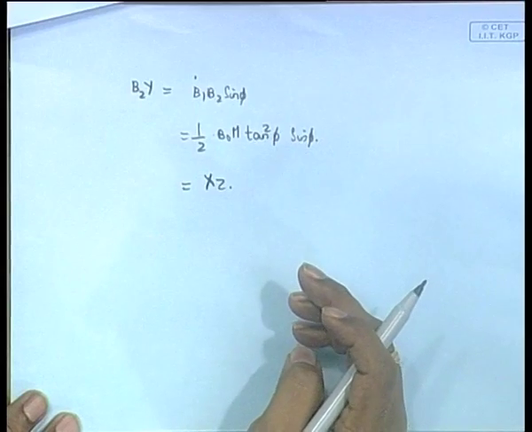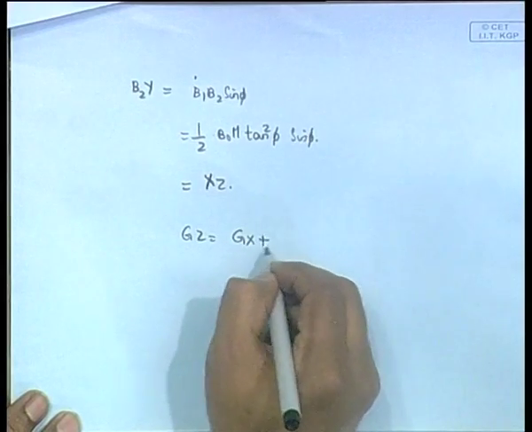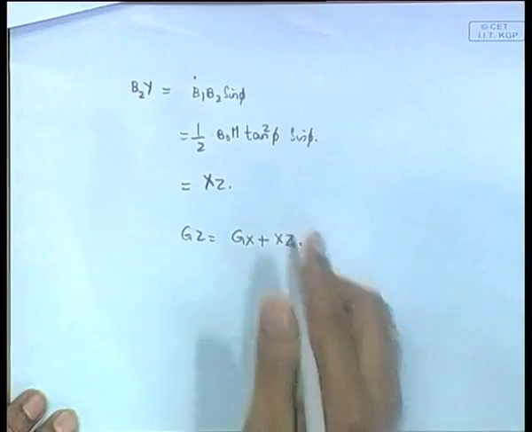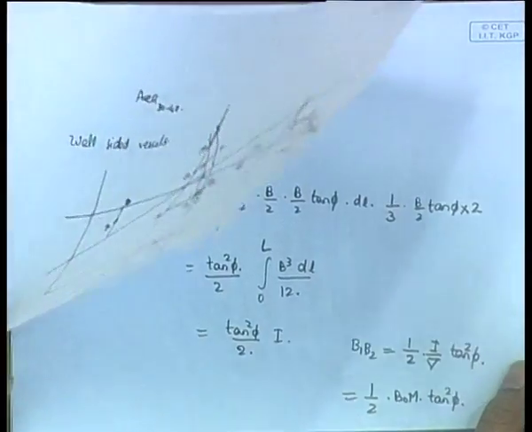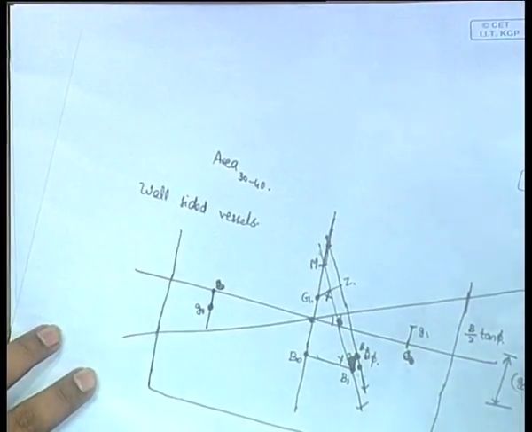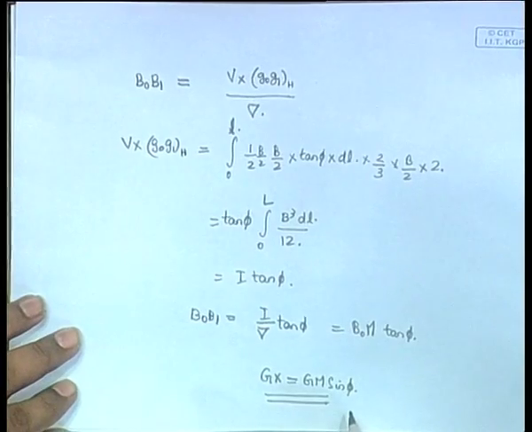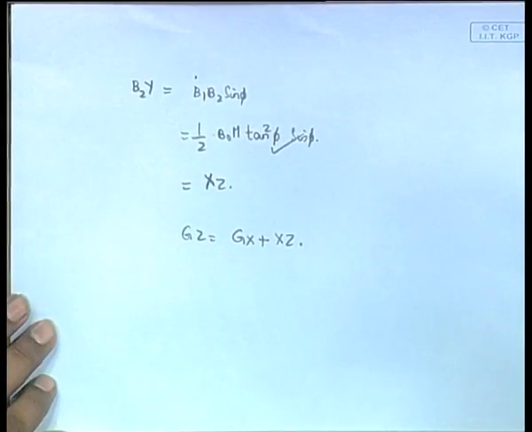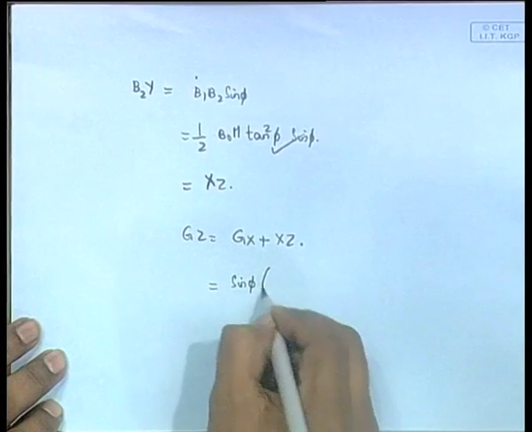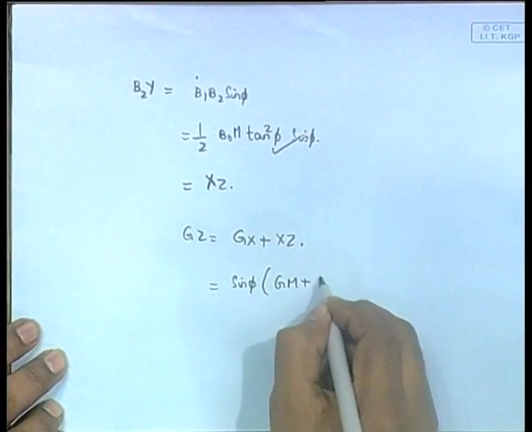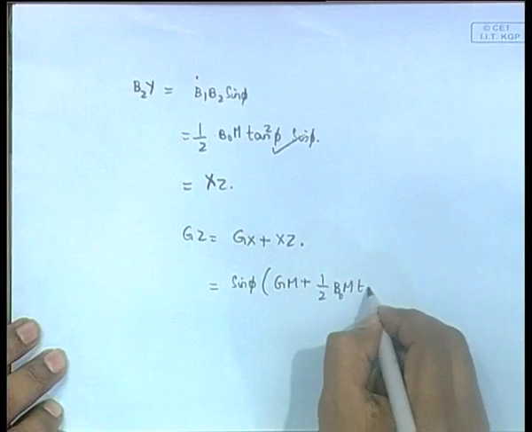Now, we have split gz into gx plus xz. xz is given here, and gx we derived from our horizontal movement: Gx is equal to Gm sin phi. So, with these two expressions, Gz becomes sin phi into Gm plus half B0M tan square phi.